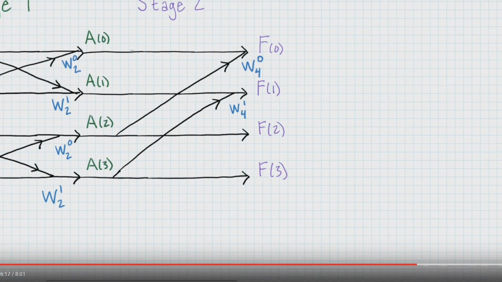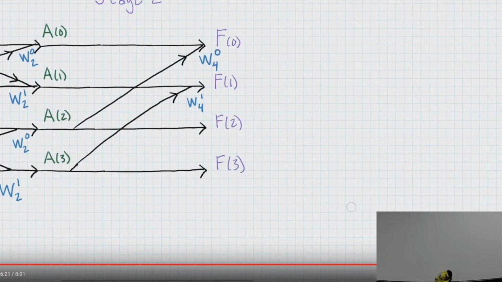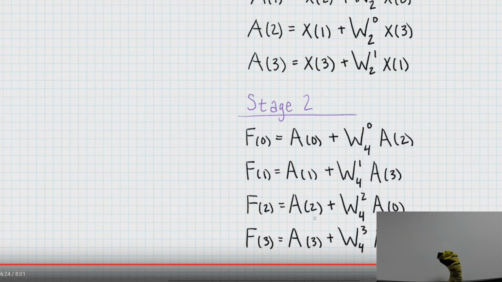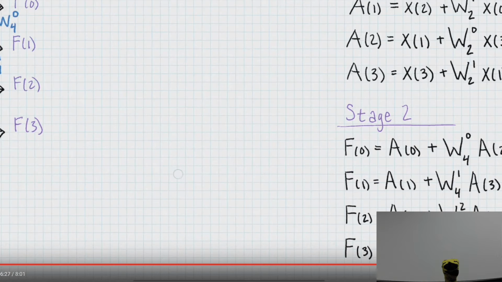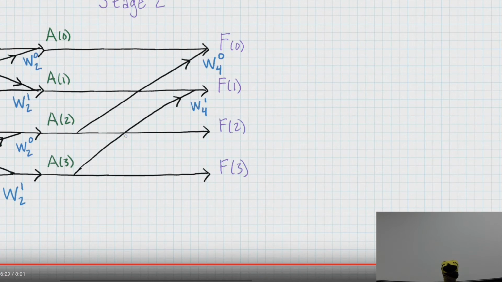Can't forget our arrows. And we'll fill them out for our f of 2. It'll be a straight mapping of A of 2 plus the twiddle factor W2 of 4 times A of 0. Straight mapping. We'll drop this line down here. I'll try to get them in a little better. W4 of 2.